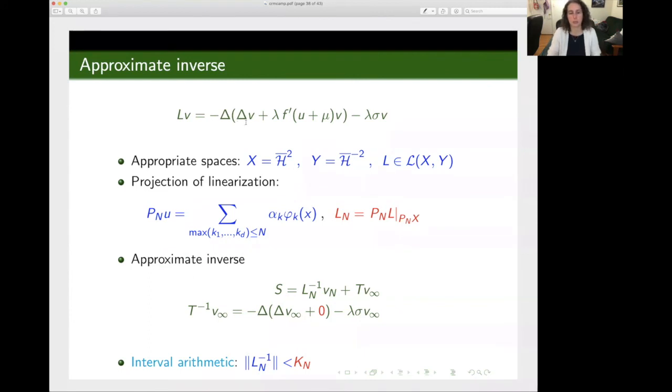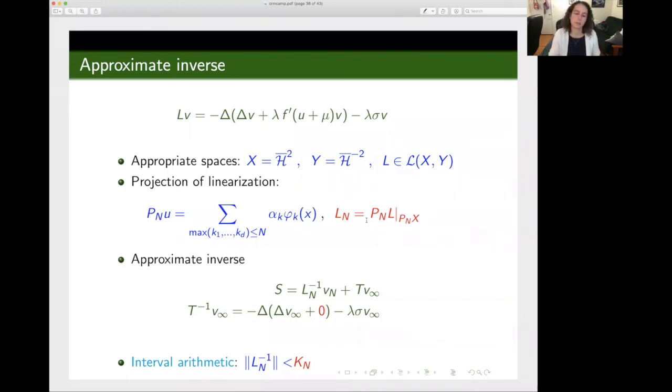So you end up going from X into Y. For the projection of the linearization, I'm just going to assume that the maximum of each of the K1 through KD, where again, D is the dimension of the space, is less than or equal to N. So I'm taking only a partial sum, so a finite sum. And then I'm going to let Ln be the projected linearization. So now we're in finite dimensions.